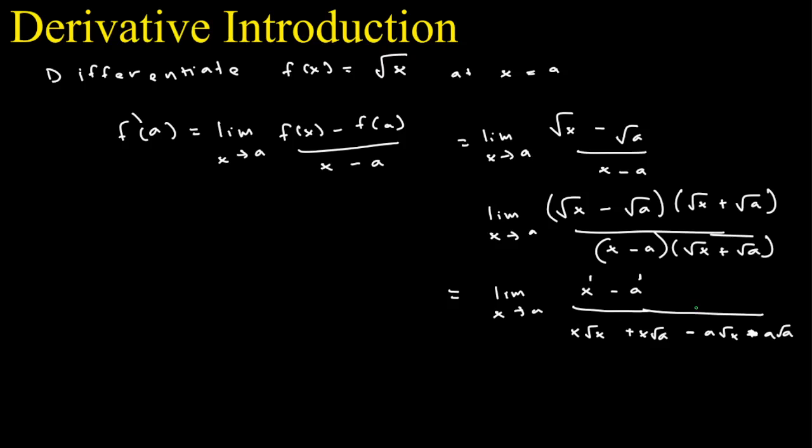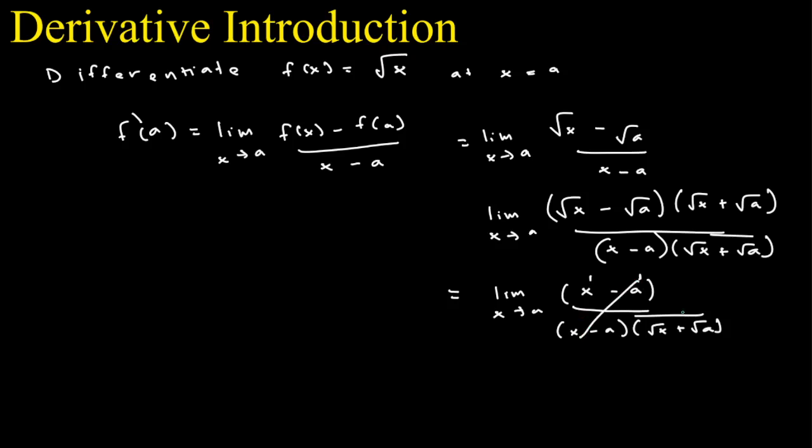Oh wait, actually, we shouldn't have expanded the denominator, because we have x minus a in the numerator, and x minus a over square root of x plus square root of a in the denominator.